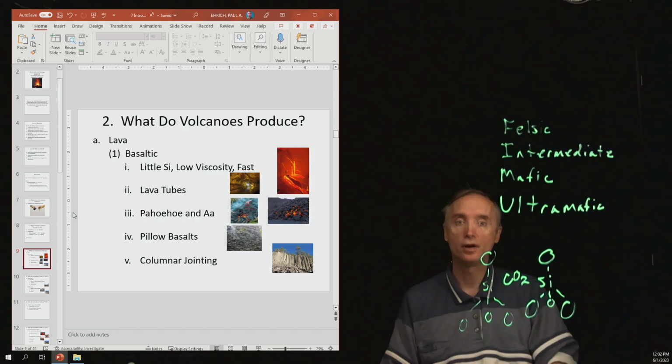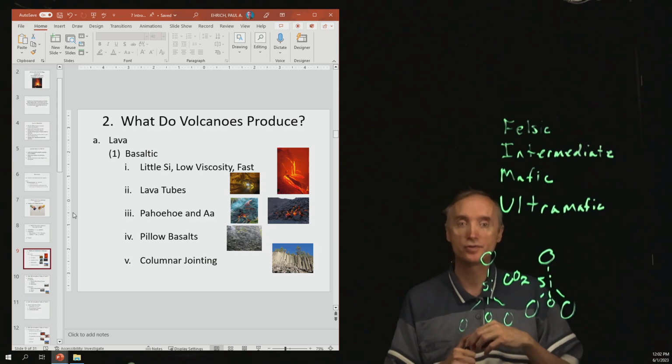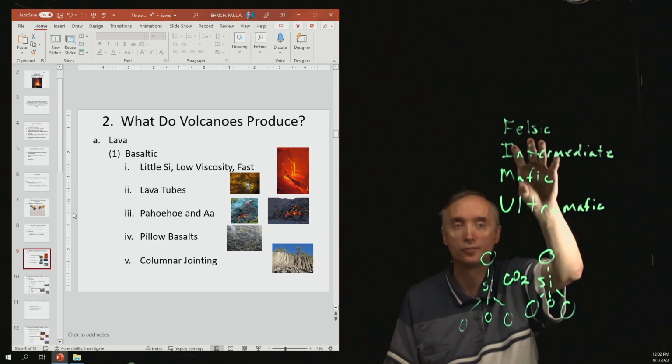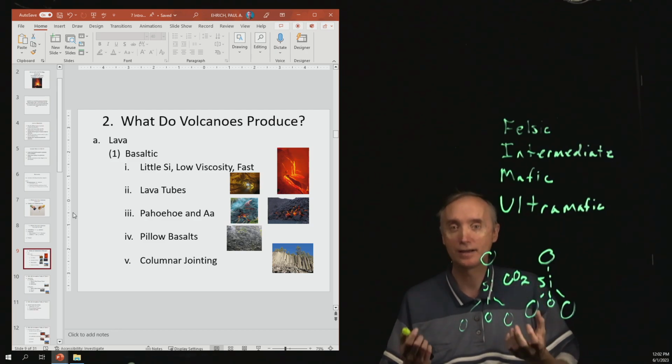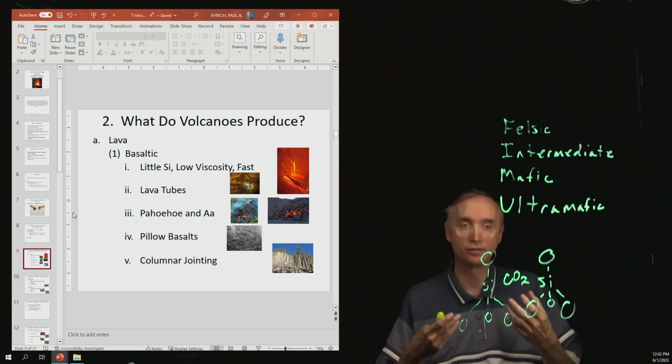So what are some things that a volcano produces? One, it's going to produce lava, and there are going to be different kinds of lava. I have written here the different kinds of magmas that are going to turn into the different kinds of lavas.